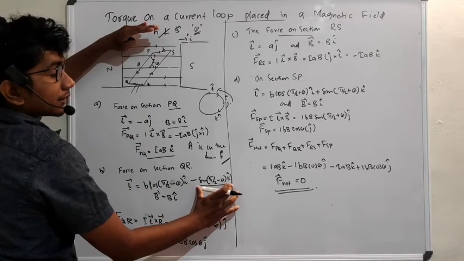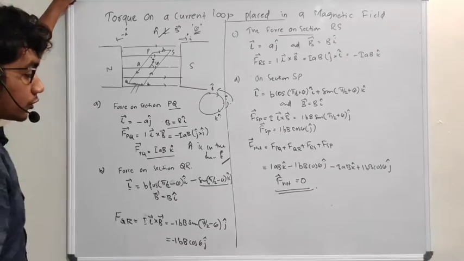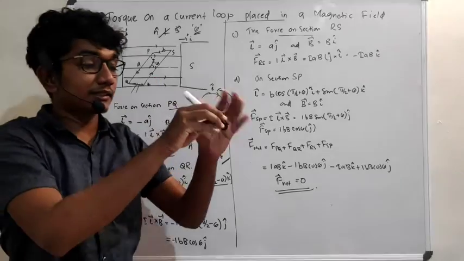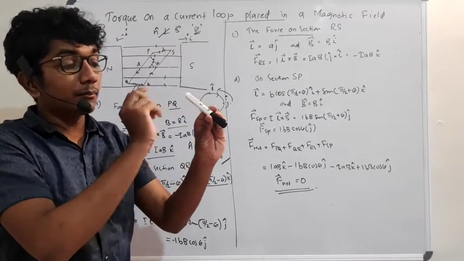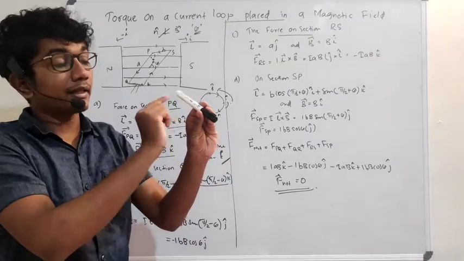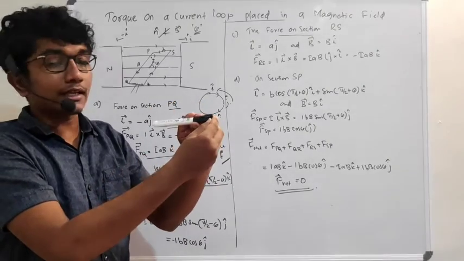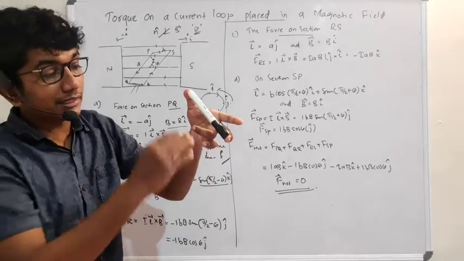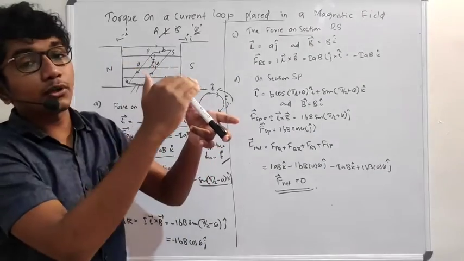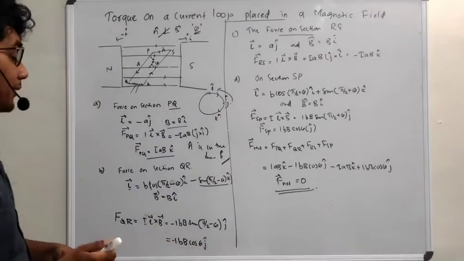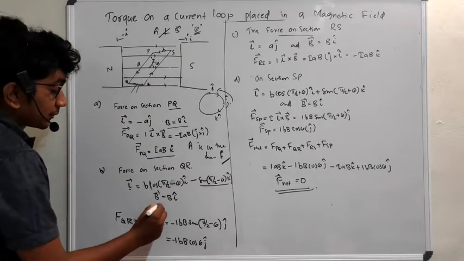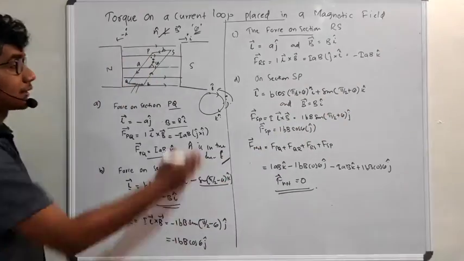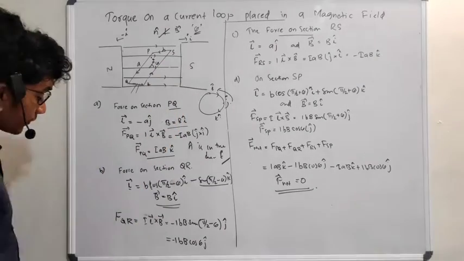There will be an X component and a Z component, and B is similarly B i. You only have to understand this one and this one. All other things are pretty similar to the last one.